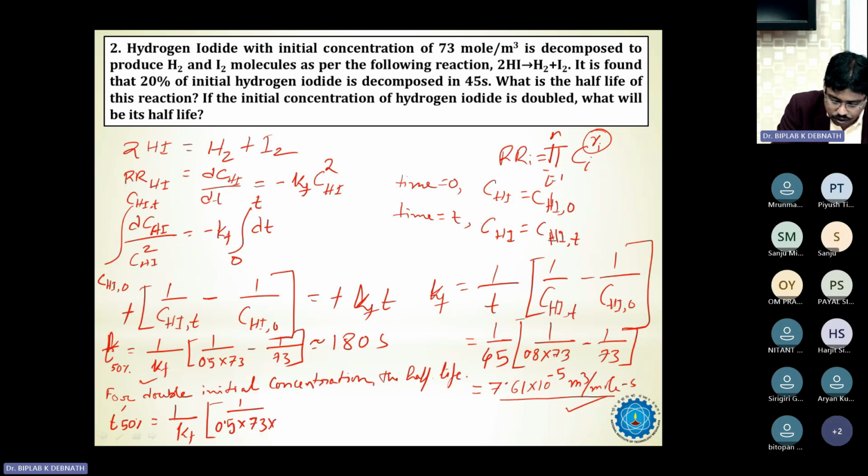So 73 into 2 minus again 73 into 2. Okay. So use the same kf value over here. So when you use the same kf value, you are supposed to get that time is 90 seconds.